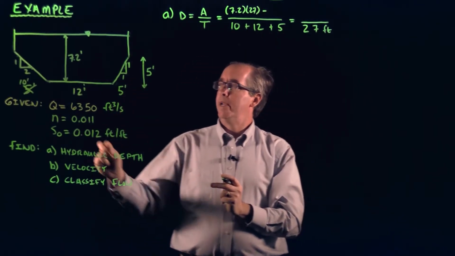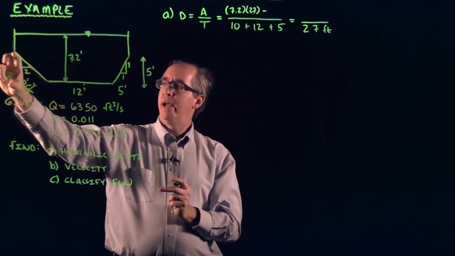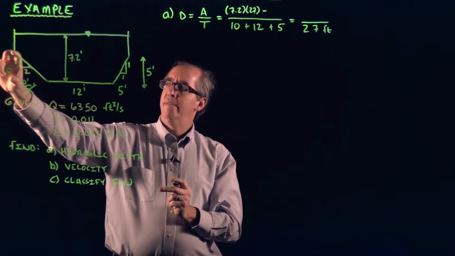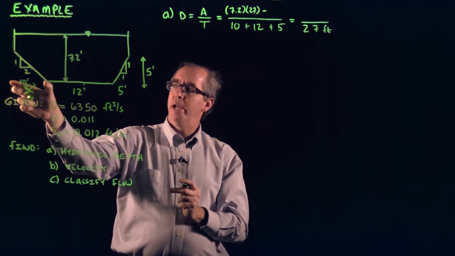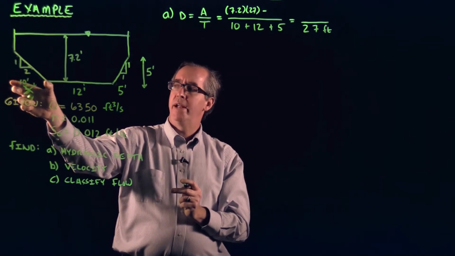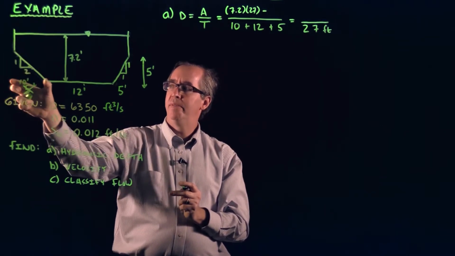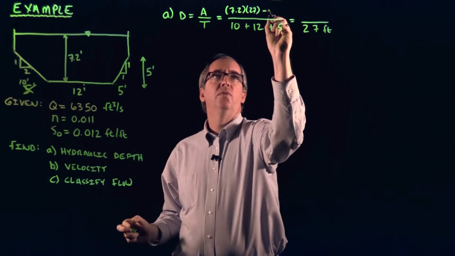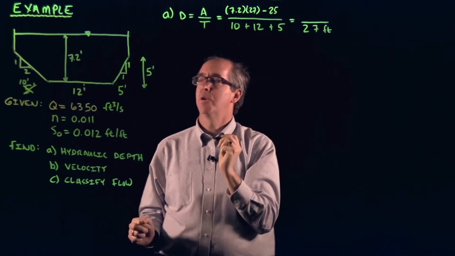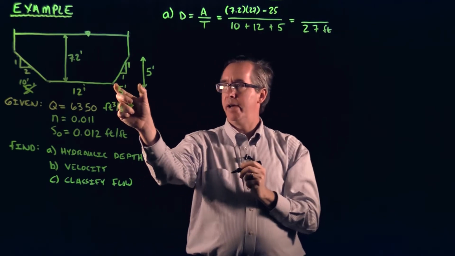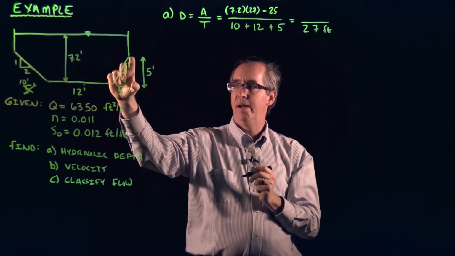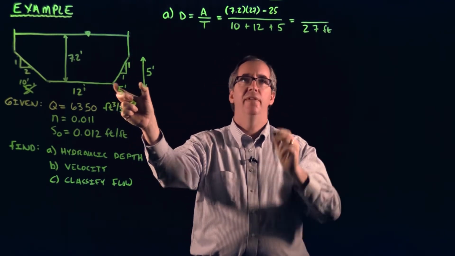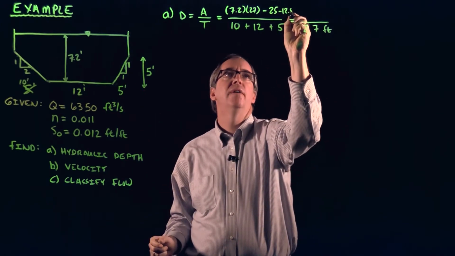Now the area of this triangle, I have a triangle that would be 5 high by 10 wide. Okay, so that area is 1/2 times 5 times 10, or 25. This one here is a triangle that's 5 by 5, which is 25, and again, we're taking half of that, which would be 12.5.